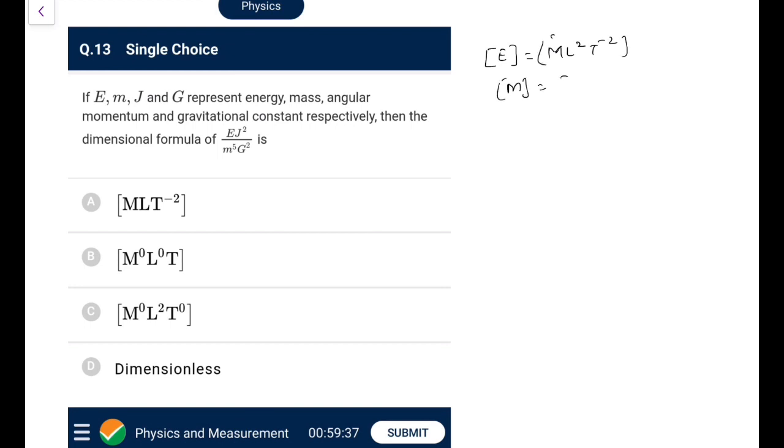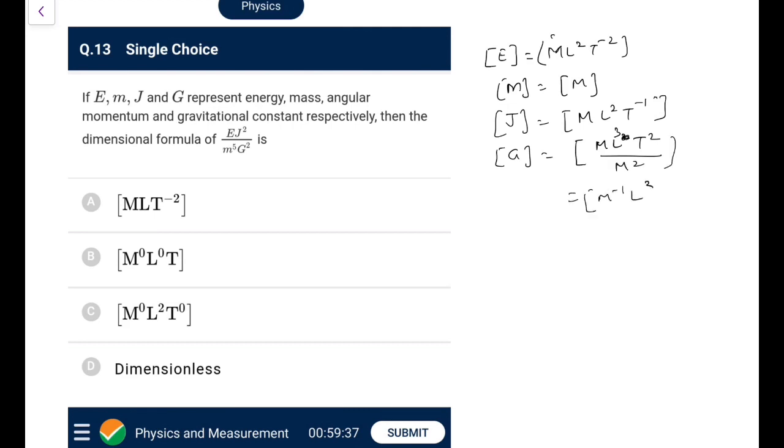Mass is capital M. Angular momentum, we calculated in one of the questions, MVR, ML2T minus 1, yes. And the gravitational constant, you know, F r square upon m square. So F is MLT minus 2 into r square, so that is L3, upon m square, that is M to the power 2. So that is M minus 1 L3 T minus 2. I had written it wrong here, because it is for the force, T minus 2. So now what we are left with, E into J square.